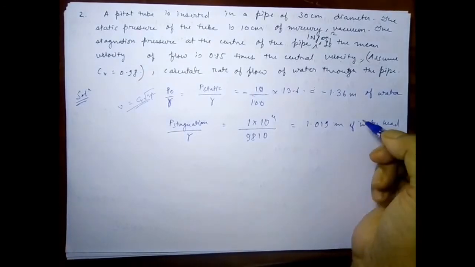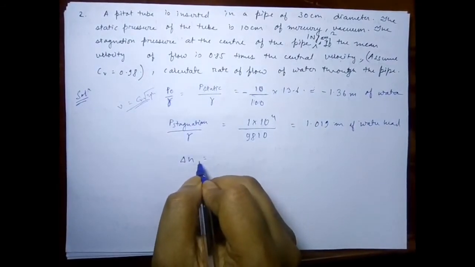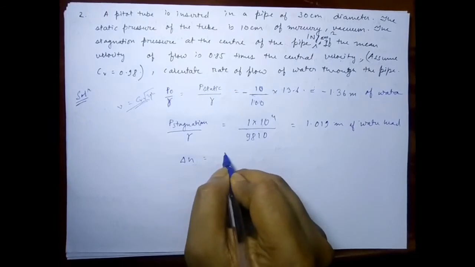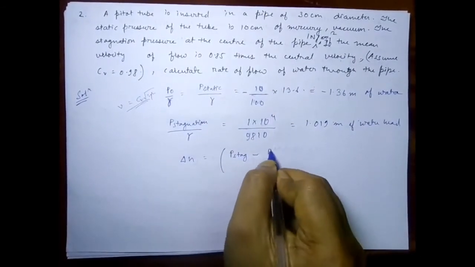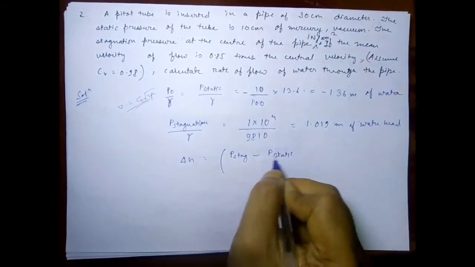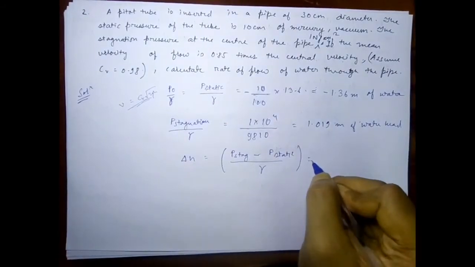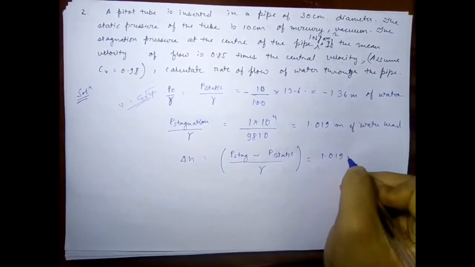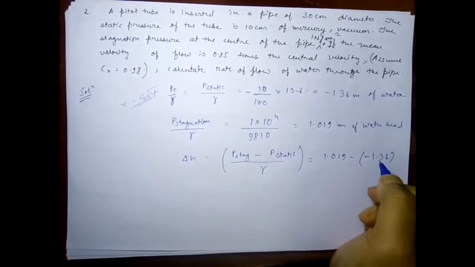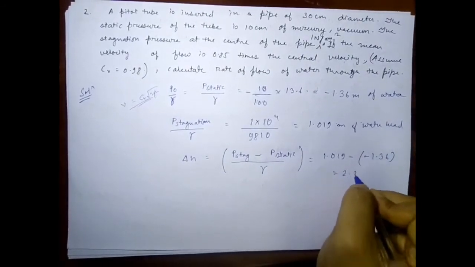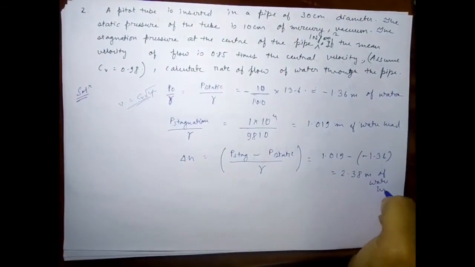So now therefore delta H is equal to P stagnation minus P static upon gamma, and that is equal to 1.019 minus (minus 1.36), and that is equal to 2.38 meter of water head.